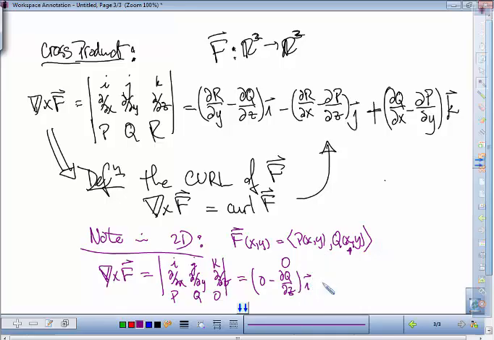So I got 0 in the I direction, minus partial of r with respect to x. Again, r is equal to 0, so you take a derivative of that with respect to x, that's going to be 0. Partial of p with respect to z, that again is 0. So I have nothing in my j component. What's my k component? That's Green's theorem.